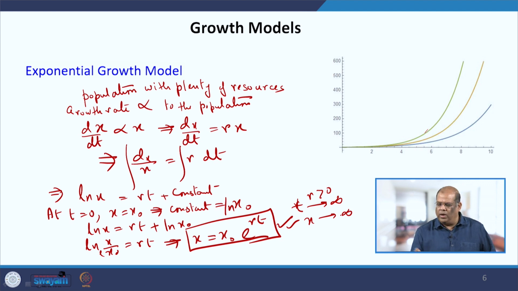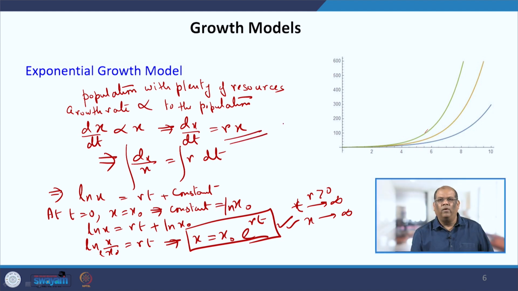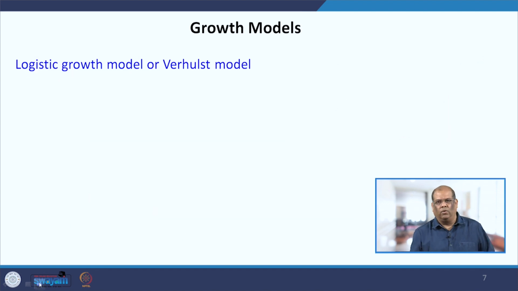But generally, we do not take this kind of assumption unless needed, because if the growth is unbounded and unlimited, it really does not capture the real life scenario. So, that is why there is something called the exponential growth model, and unless the model demands it, we generally avoid this exponential growth model and move to the more realistic one, which is a logistic growth model.